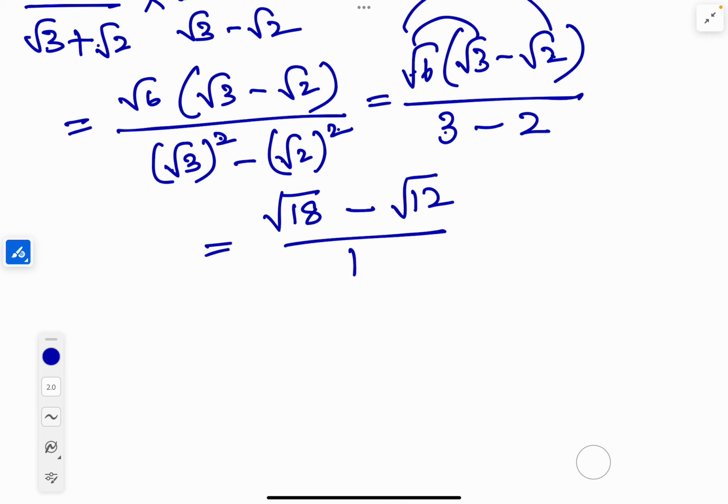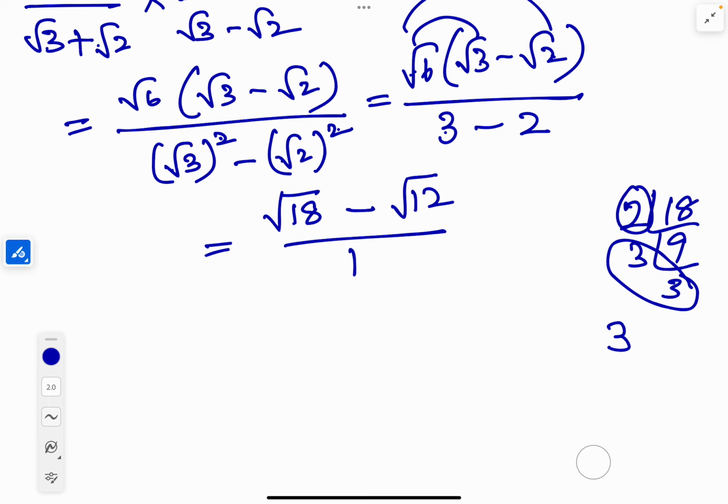Fine. Now let me write root 18 in simplest form. What are root 18's factors? 2 9s 18, 3 3s. So 3 is making a pair. Since it's a square root, just make pairs. Whatever is in the pair, write one time. What is without pair, you write within the square root. So root 18 is nothing but 3 root 2.